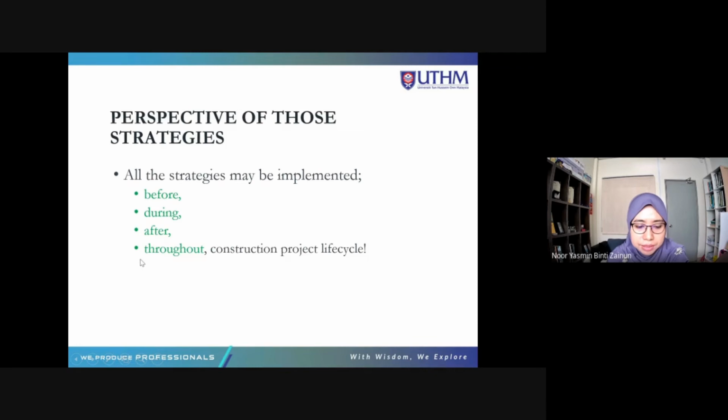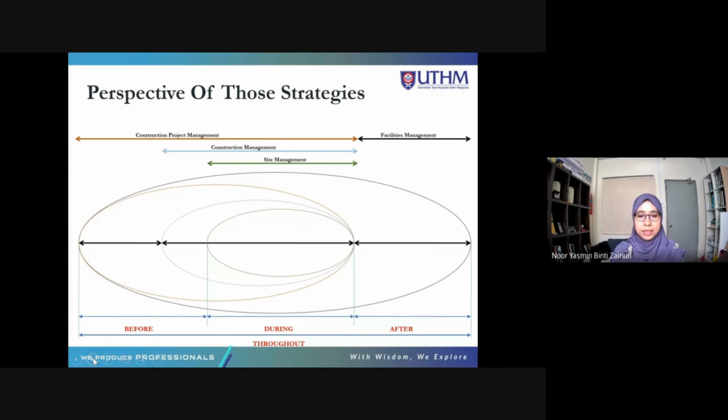In terms of those strategies, okay, in sustainability, we can actually implement before, during, after and throughout the construction project life cycle, sepanjang masa. Yang tadi kita tengok yang dalam dia punya cycle ni untuk construction project management and facilities management.